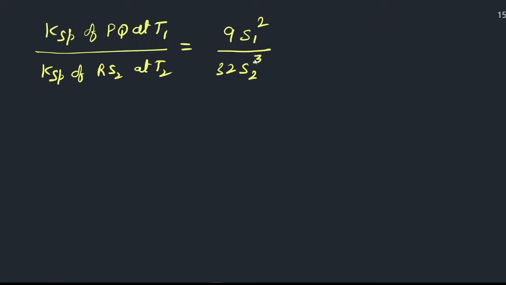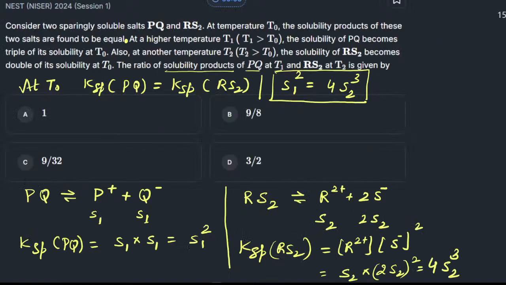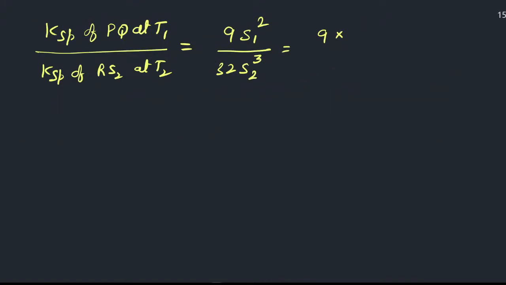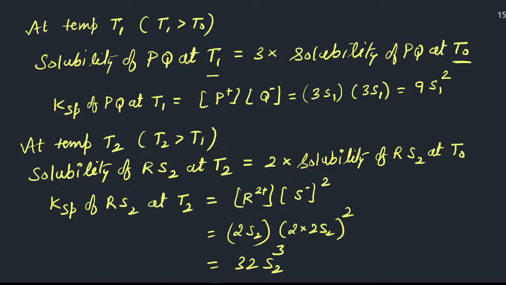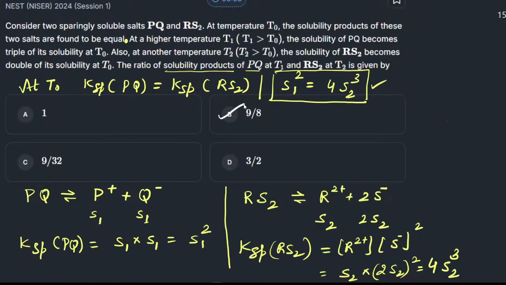Now you know S1 square is 4S2 cube. So S2 cube cancels, 4 over 32 is 8, so it becomes 9 by 8. So 9 by 8 is the answer. Great.